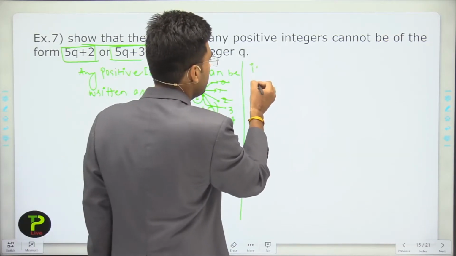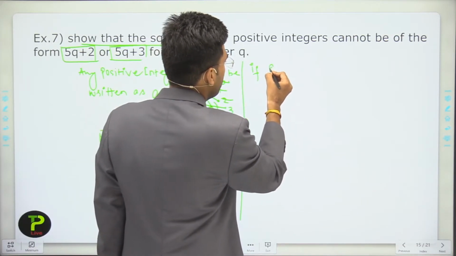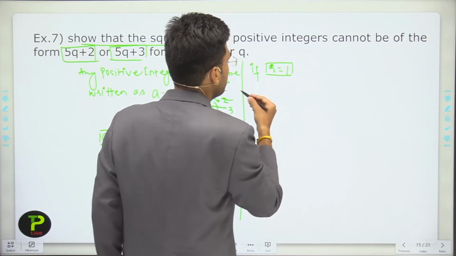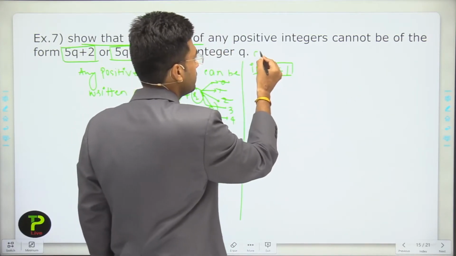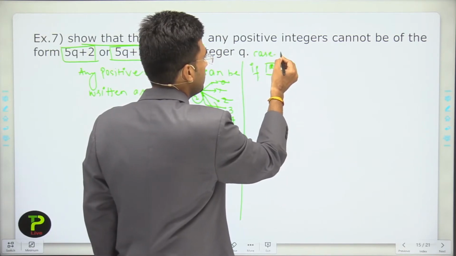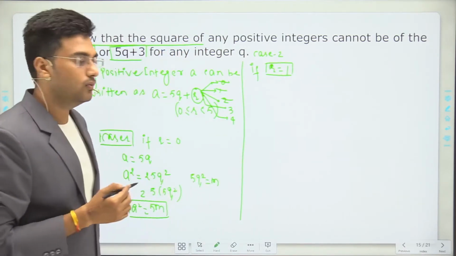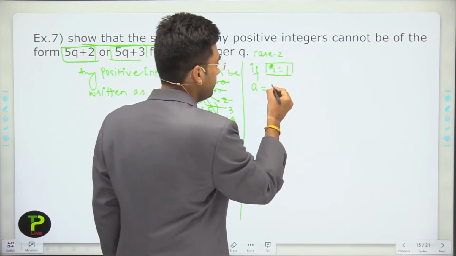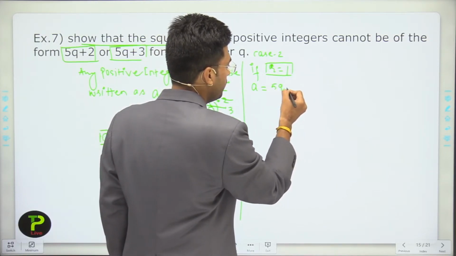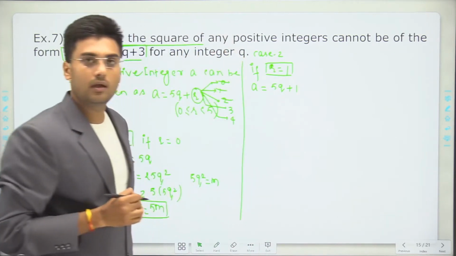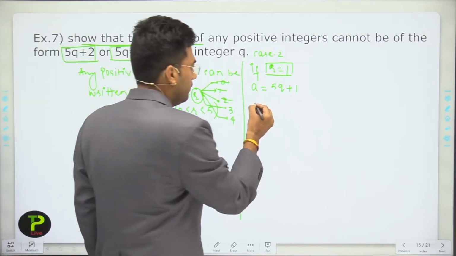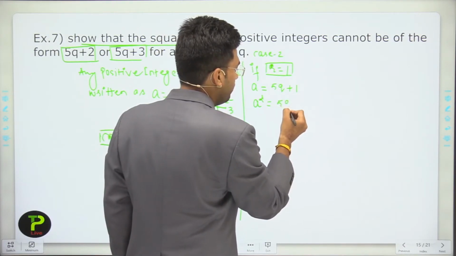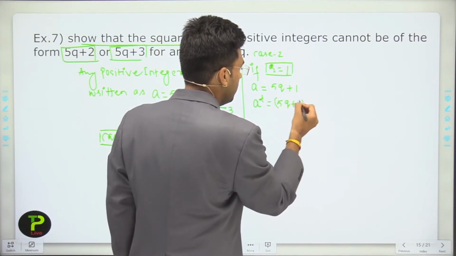If r is equal to 1, this is case 2. Then the positive integer can be written in the form of 5q plus 1. Now a square is equal to 5q plus 1 whole square.